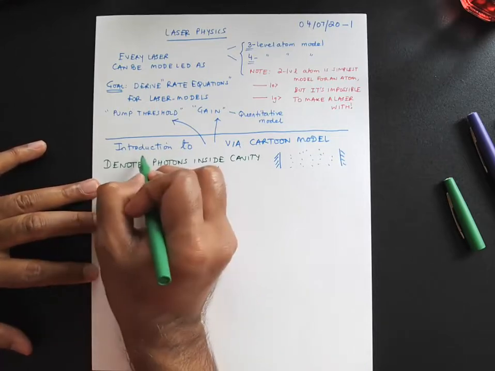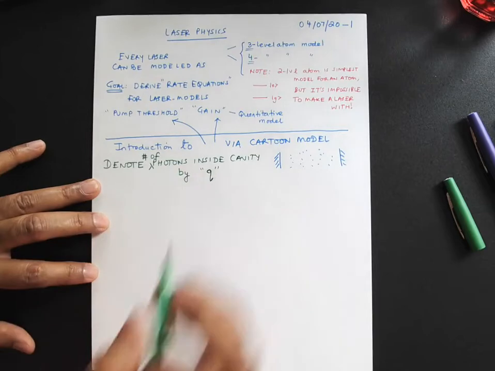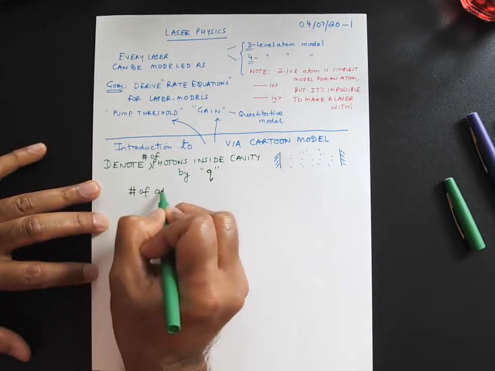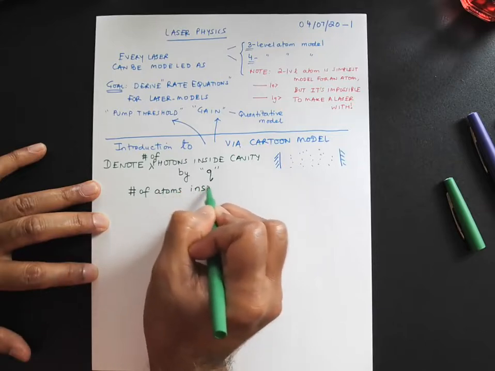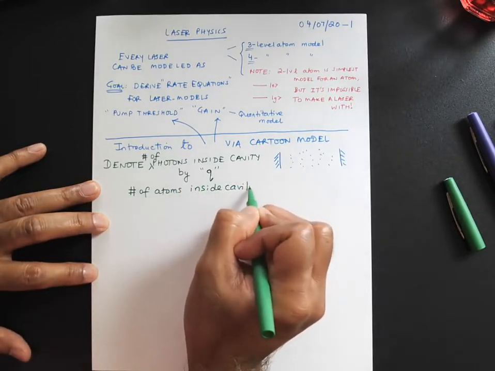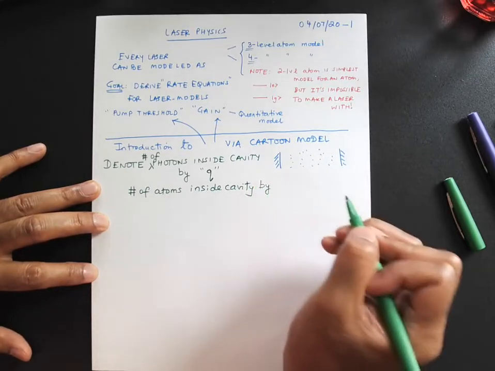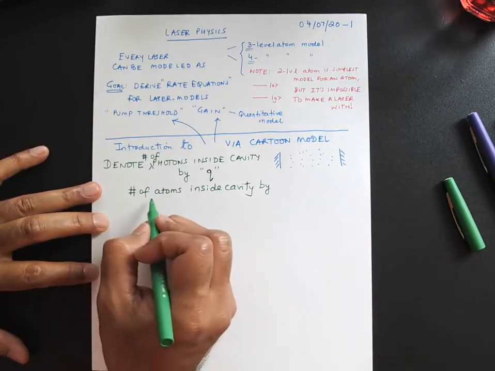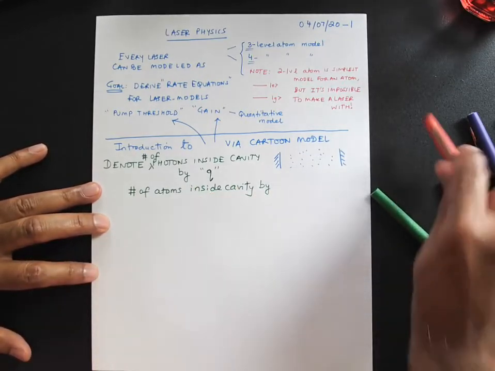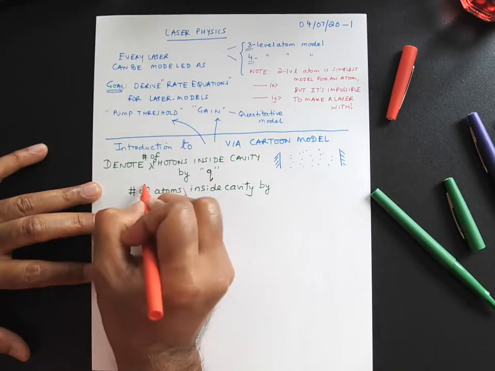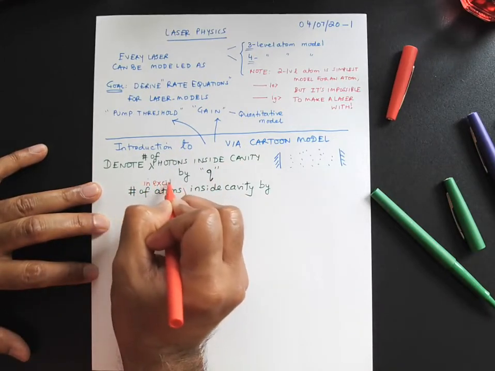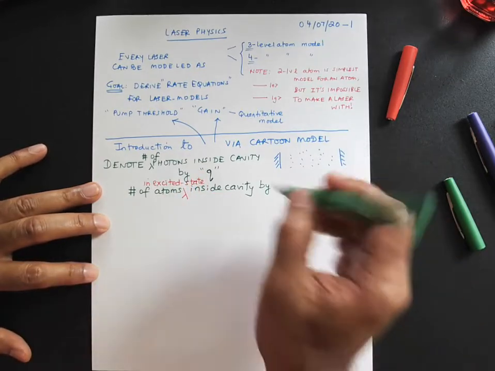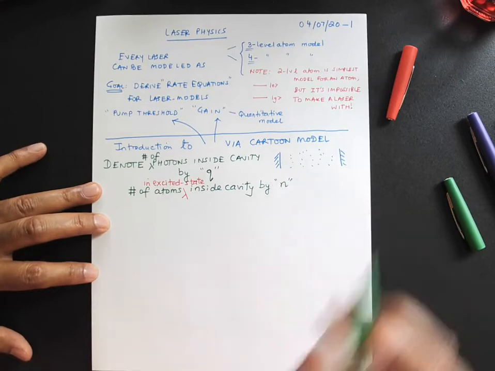And we denote the number of atoms inside the cavity, and let's be a little careful, in the excited state, because they are the ones that matter, by little n.